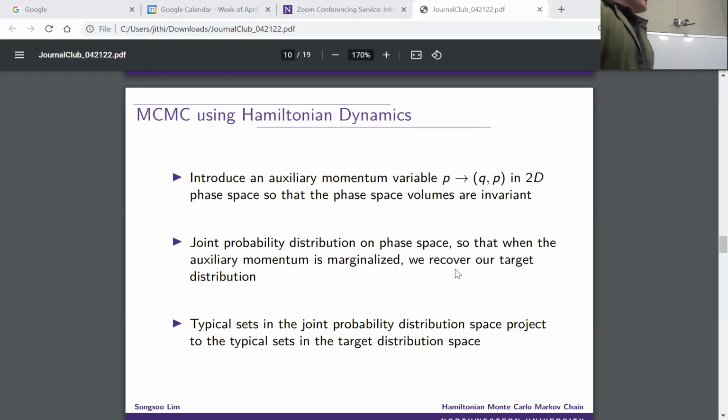An implication is that the typical sets in the joint probability distribution space project to the typical sets in the target distribution space. Once we define these, we can use the Hamiltonian equations and then project back onto the target distribution space.